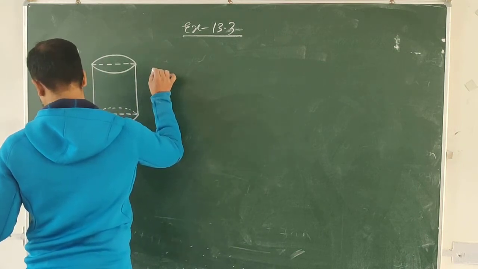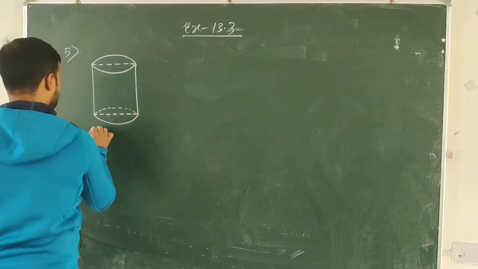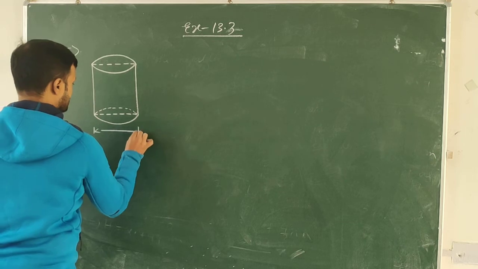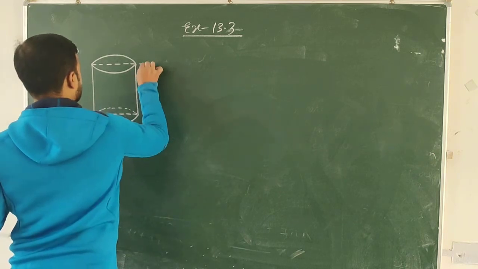So, right circular cylinder, diameter 12 cm, and the height is 15 cm.